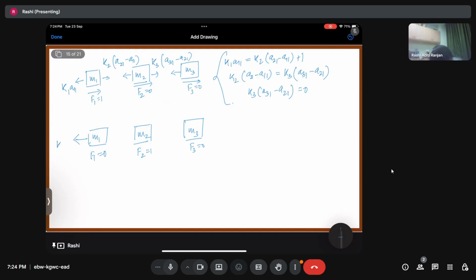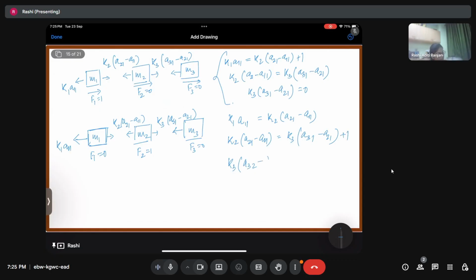Talking about the forces, K1 A11, K2 A21 minus A11, K3 A31 minus A21, equating K1 A11 is equal to K2 A21 minus A11, K2 A21 minus A11 is equal to K3 A31 minus A21 plus 1, and then definitely K3 A32 minus A22 is equal to, okay, here it should not be 1 actually.